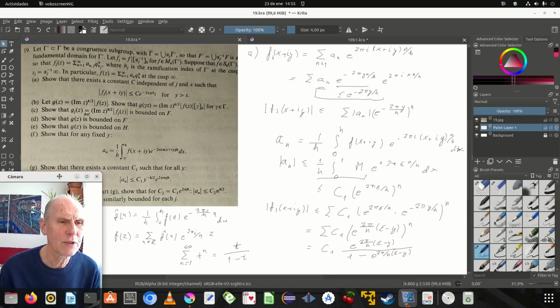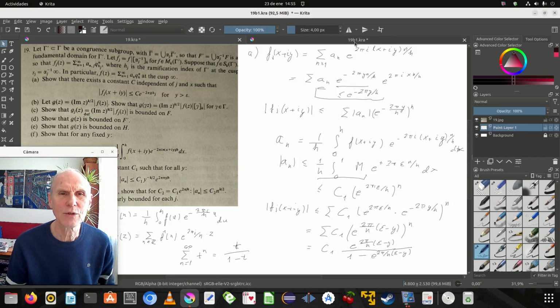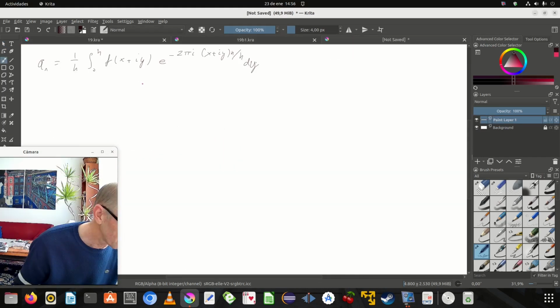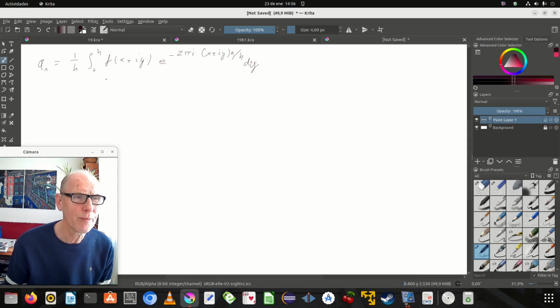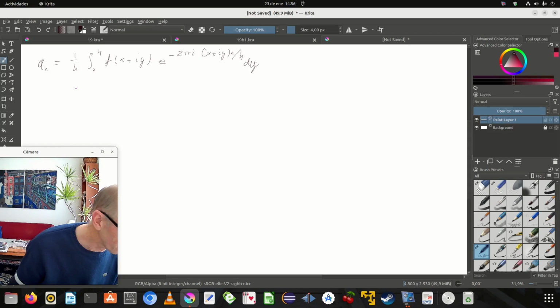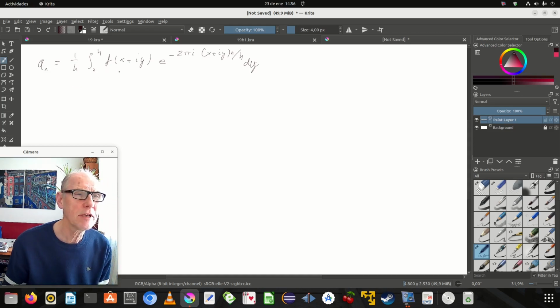So we can go to the next part. I'll just copy that to a new page. And then see what we can do. Now the max, so we choose F is bounded, so we have it is less than or equal to some m.